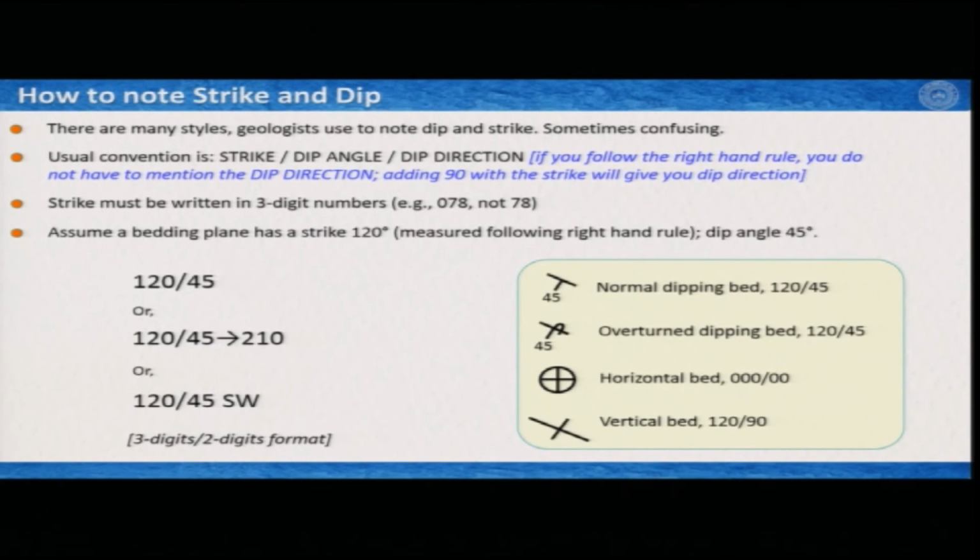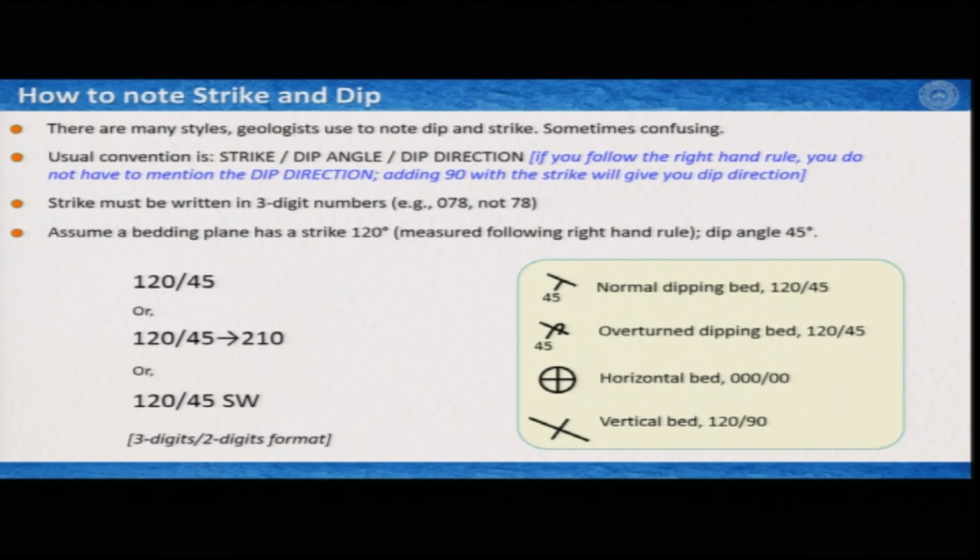There is also a very important convention: when you write strike or anything you are measuring on the horizontal plane, any azimuth, you have to write using 3 digits. So, if your strike is 78 degrees, do not write 78, write 078. It must be in 3 digits.